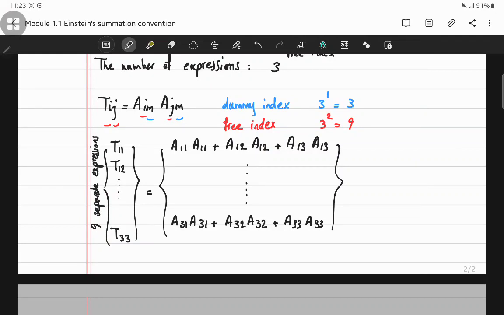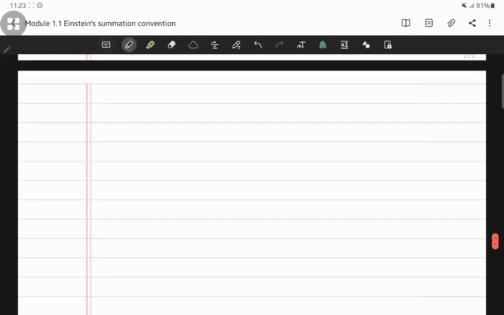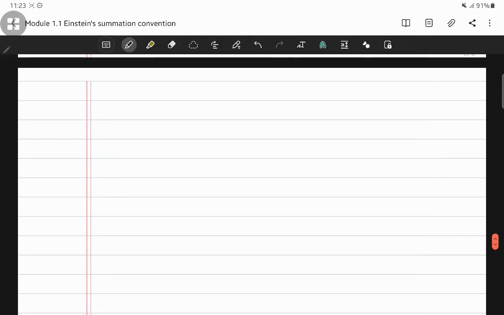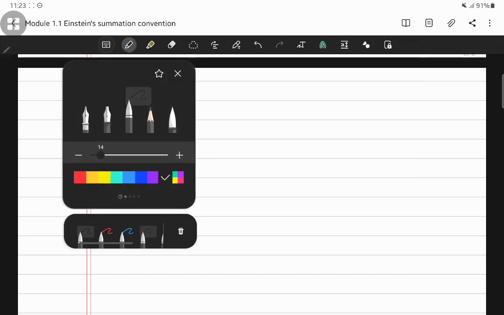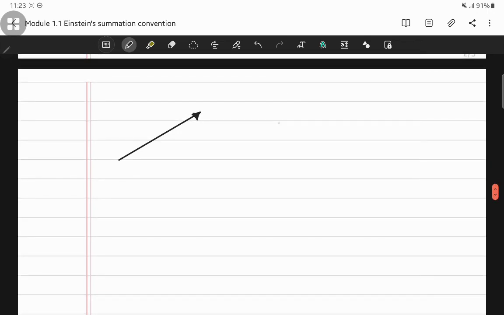So let's get to a kind of expression which I'm going to show you. You know that a vector has a direction, and it also has a magnitude.